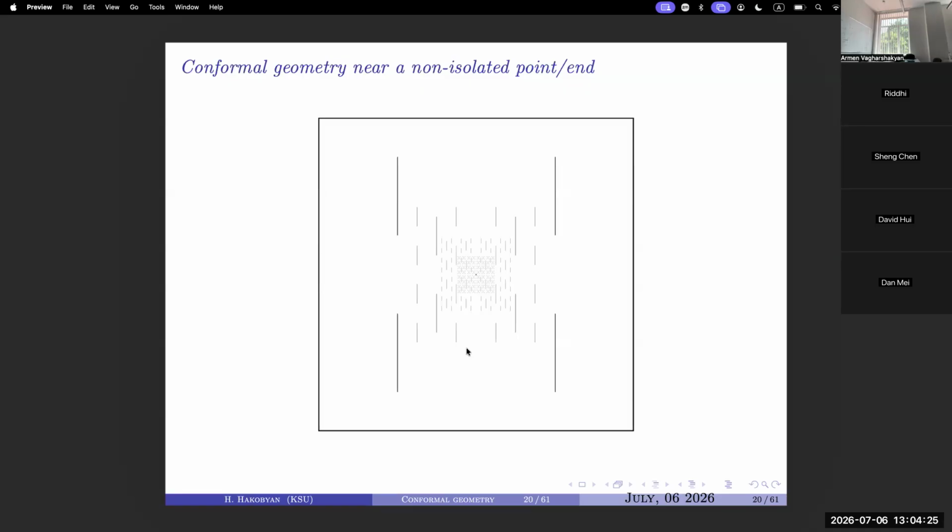Then I put inside each of the diagonal squares of the next generation a slit of length half the diameter of the square. So this one's 1/4, this one's 1/4, this one 1/8, and so on and so forth.